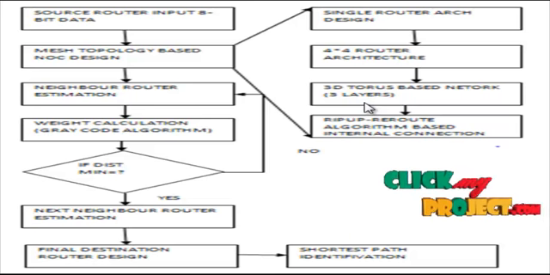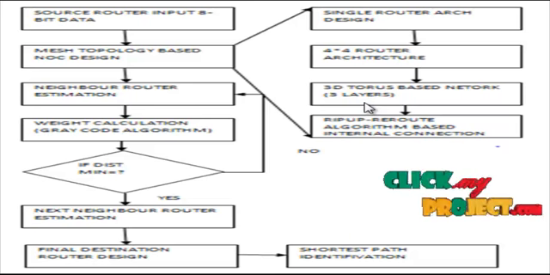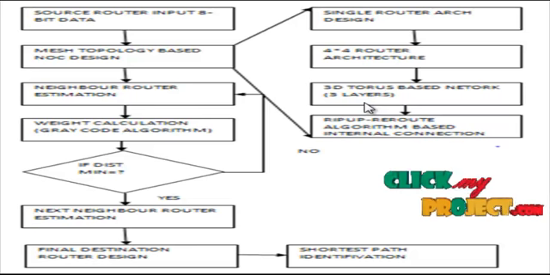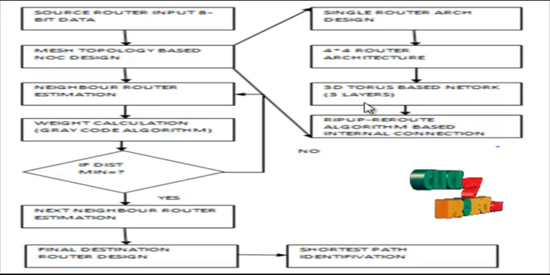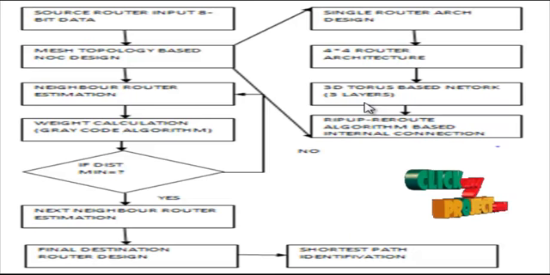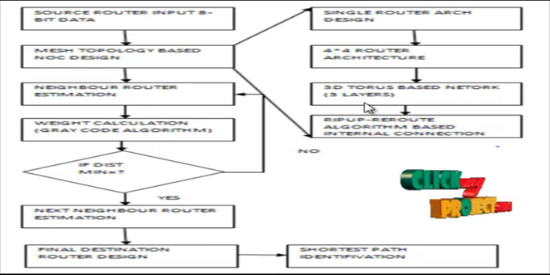If the weight value is minimum, it satisfies the yes condition. If the minimum weight is maximum, it is the no condition, and we go to another check node and the process is repeated one more time. Then the neighbor router estimation process is based on our reactive pre-route algorithm and the Gray code algorithm. And finally we analyze the final destination for the 3 layers, and this process effectively identifies the shortest path for the overall 3D based NoC architecture design.